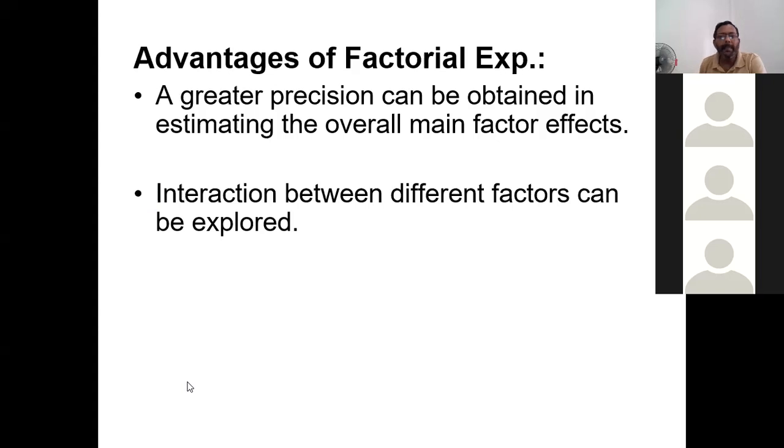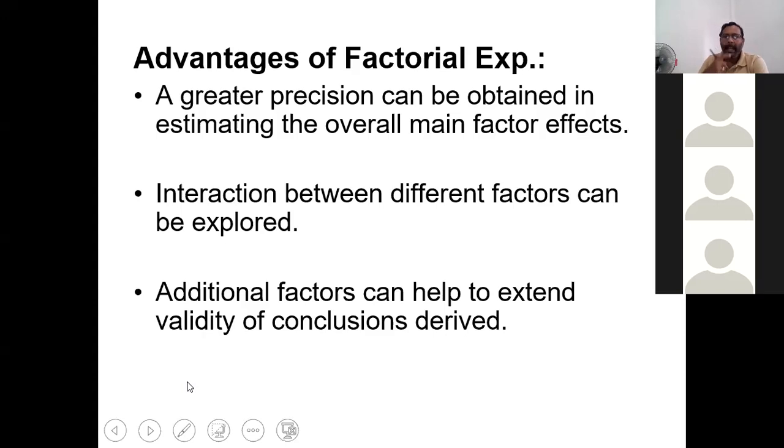The estimation of the overall main effect is secondary, right? So the interaction is the most important. Additional factors can help to extend the validity of the conclusion derived. So this is another advantage.